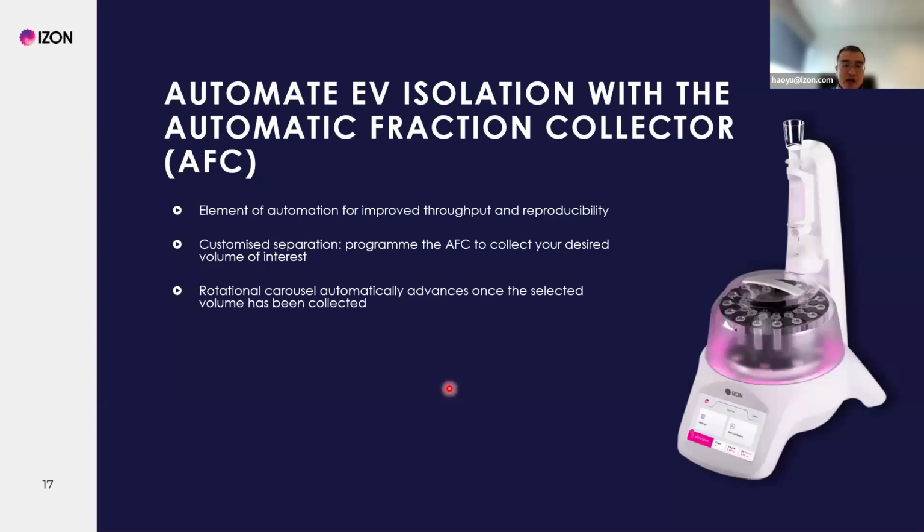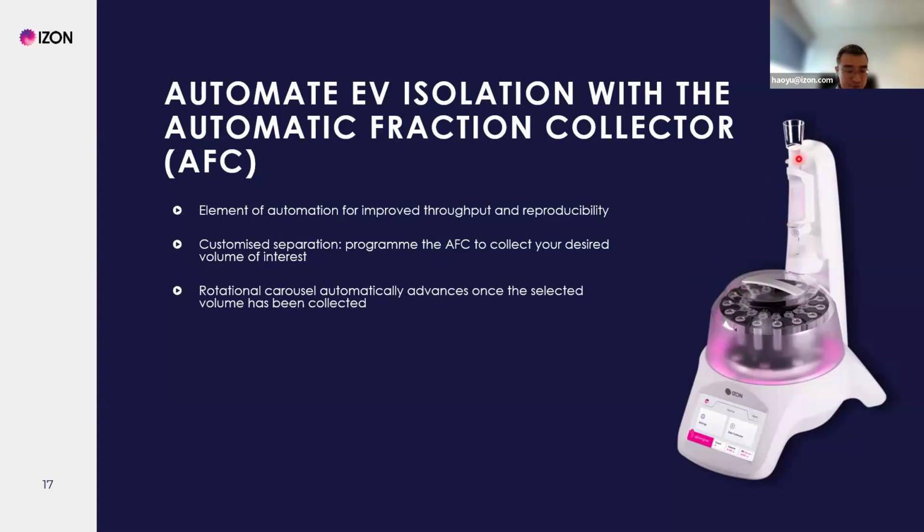And as mentioned, we have the automatic fraction collector, which can be used for QUV 10 and below. That is to say, it works with QUV single with 0.15 ml loading, QUV original with 0.5 ml loading, QUV 1 ml loading, 2 ml loading, and QUV 10 with 10 ml loading. This one can only be used up to QUV 10.